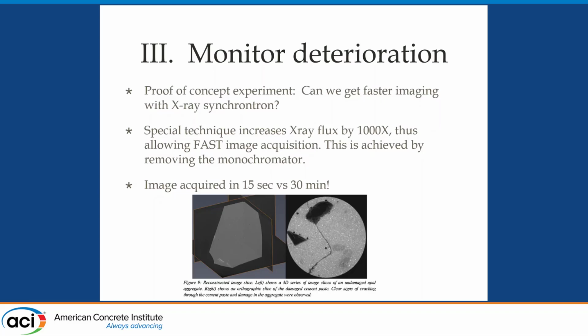And so we could take that out, compromise the quality of the X-ray source, get higher flux on the X-ray source, and get our images much, much faster. And so this technique increased the X-ray flux by 1,000 times, and thus reduced the time to make one image from 30 minutes down to 15 seconds. That creates a lot of possibilities about catching the dynamic process. And this is the pictures they had with an opal aggregate.